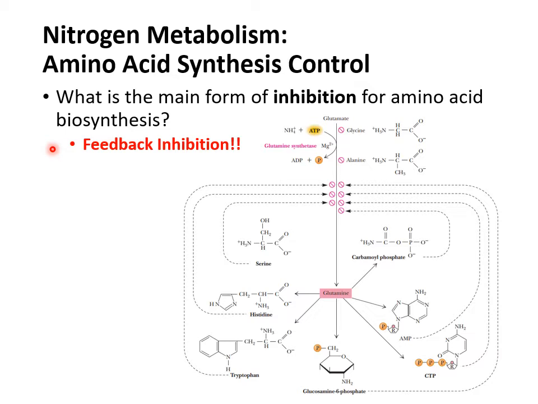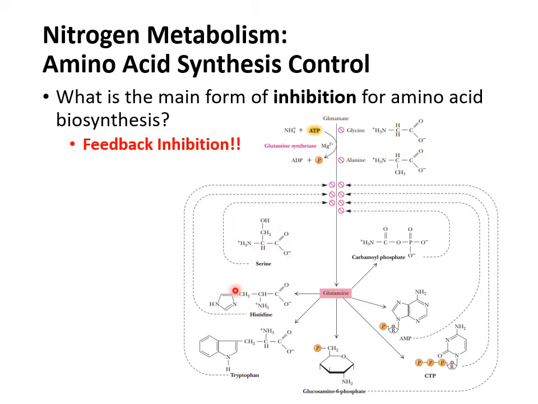That's a really efficient way for cells to inhibit things, okay? So the products can inhibit what comes before it on the pathway. Now, the example here is the inhibition of glutamine synthase, and it looks very complex because it has 9 allosteric inhibitors involved here. So all of these little stop marks here are the 9 inhibitors.